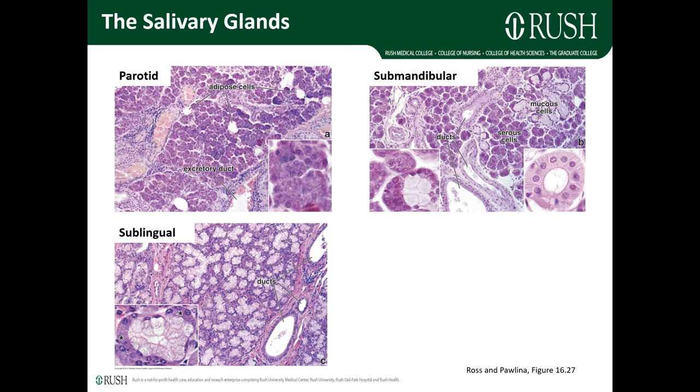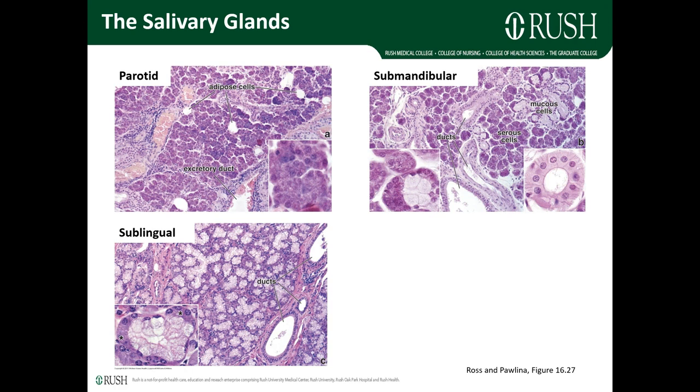This slide shows comparative histology of the three salivary glands. The presence of serous and mucous acini can be appreciated in the overview pictures, which are showing darker and lighter stains respectively. Inset on each panel highlights the acinar structure. Note the darker and lighter portions of acini in the submandibular and the sublingual glands.